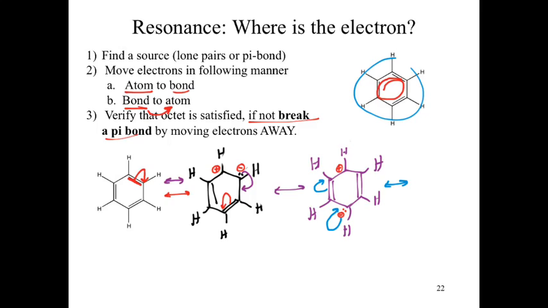We can go bond to atom, and we can generate a new structure. Okay, so if we draw on our extra hydrogens all the way around, okay, bond, bond, get in our charges, there's our positive, there's our lone pair.